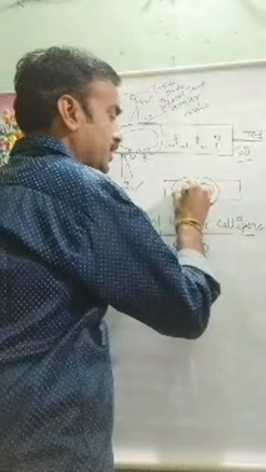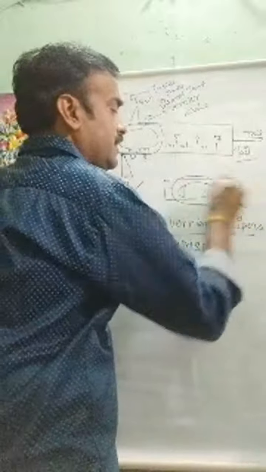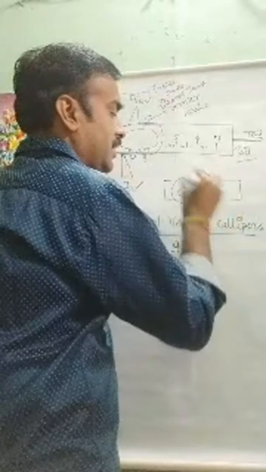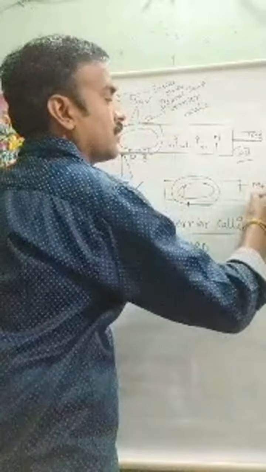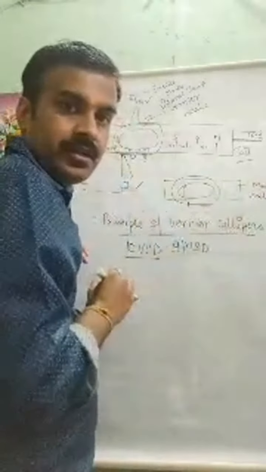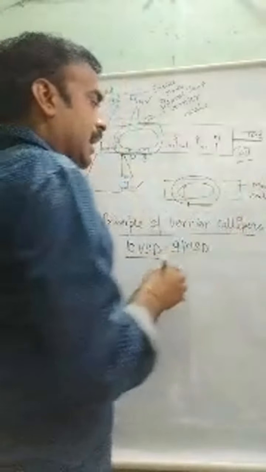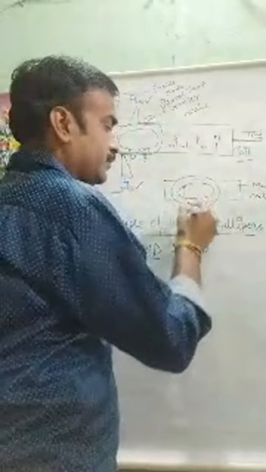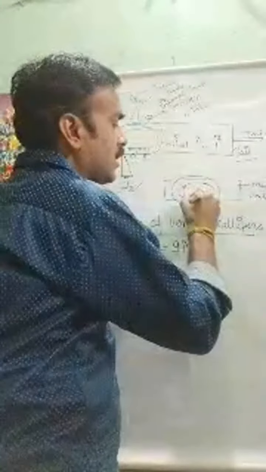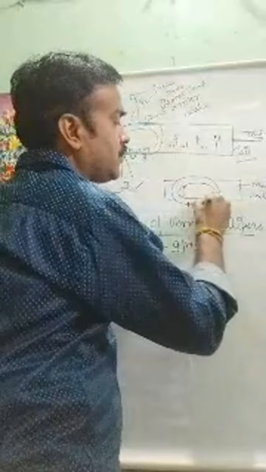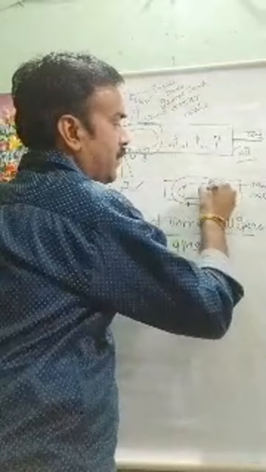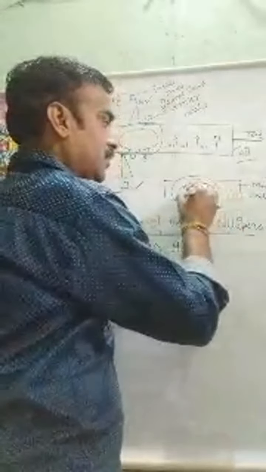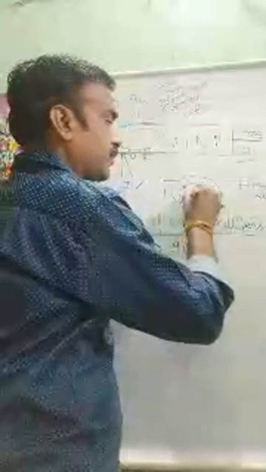Here 0, this is the Vernier, and this one is the main scale. So I am going to draw it like that: 1, 2, 3, 4, 5, 6, 7, 8, 9.